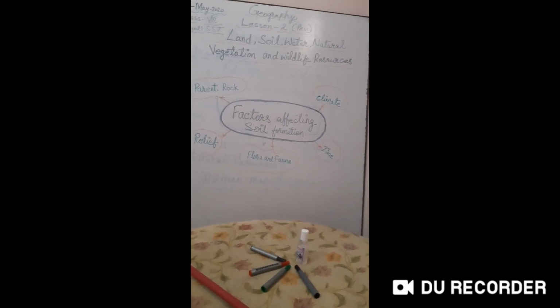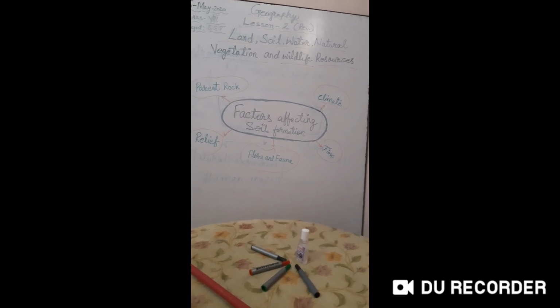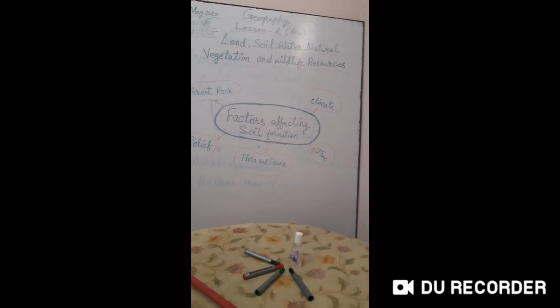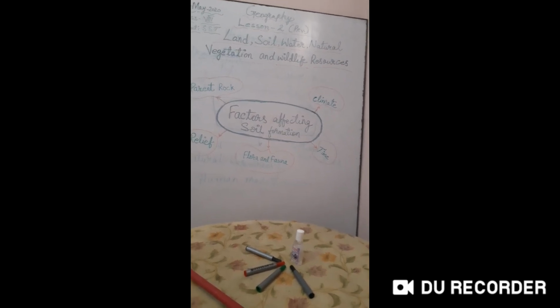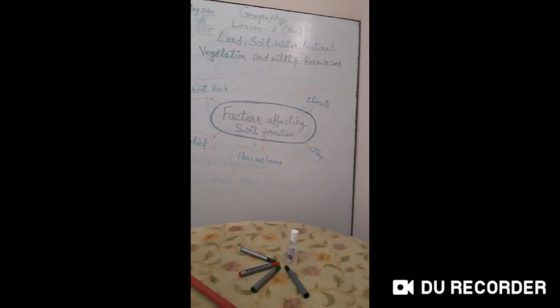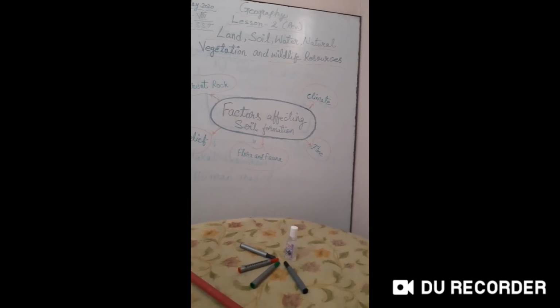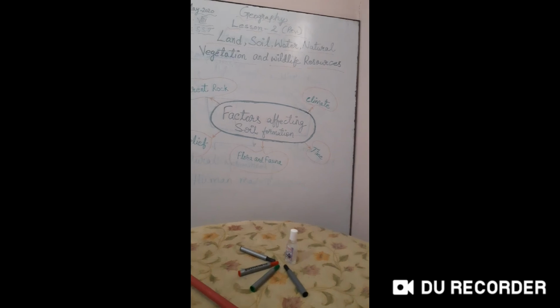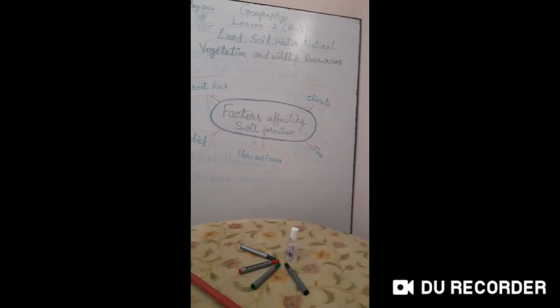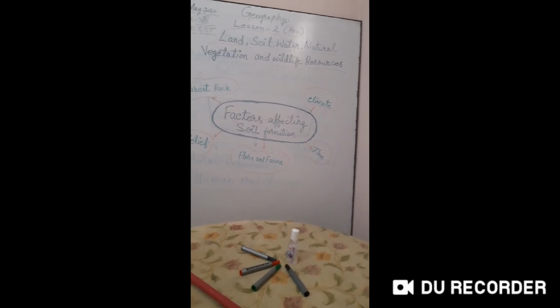The first one is natural vegetation, which means plants and trees. What is the biosphere? The narrow zone of contact between the lithosphere, hydrosphere and atmosphere is called the biosphere. Ecosystem: the supporting and interdependent life system that exists in the biosphere is called the ecosystem.